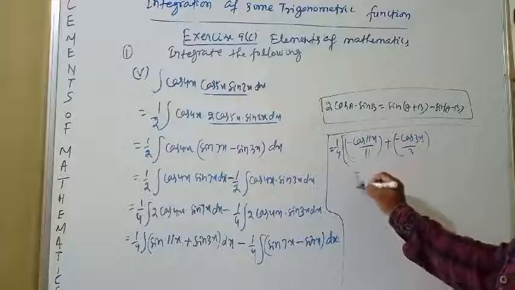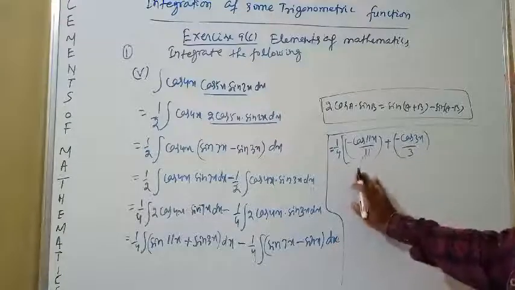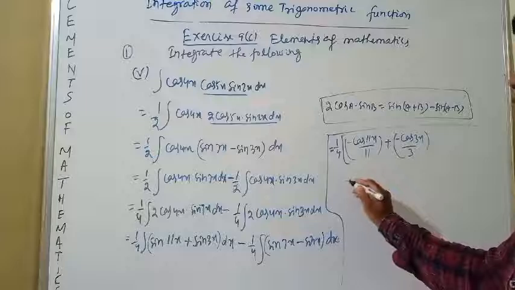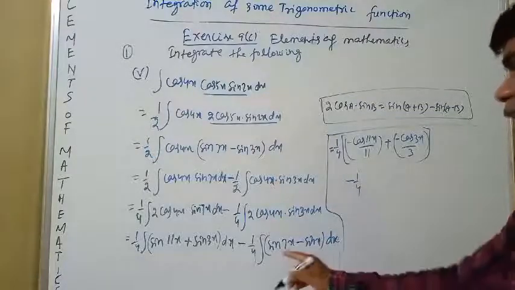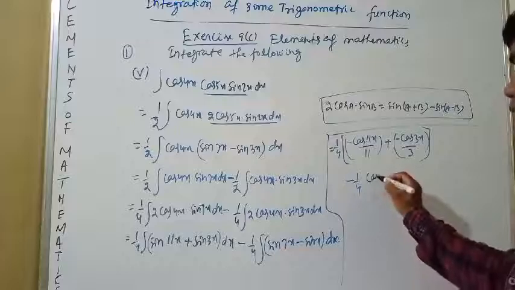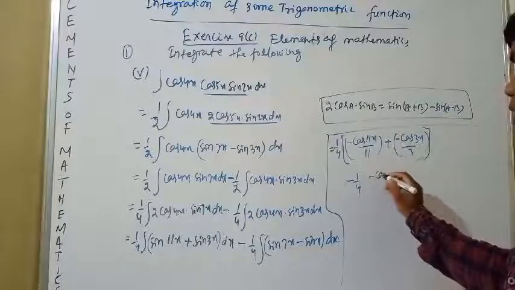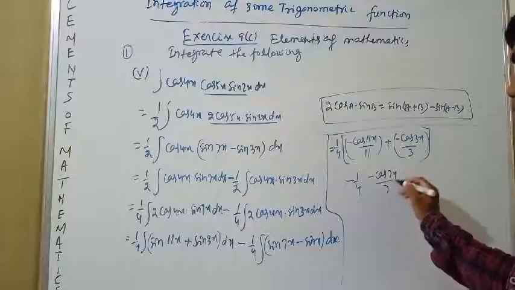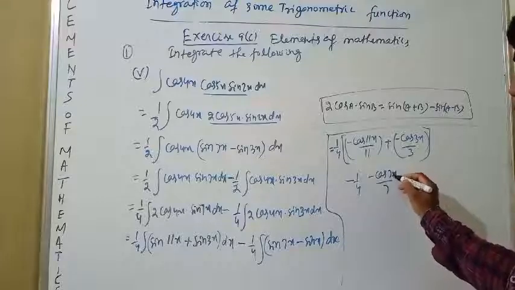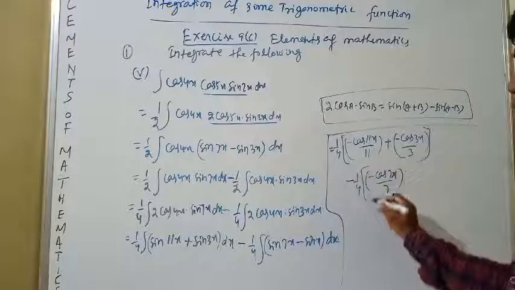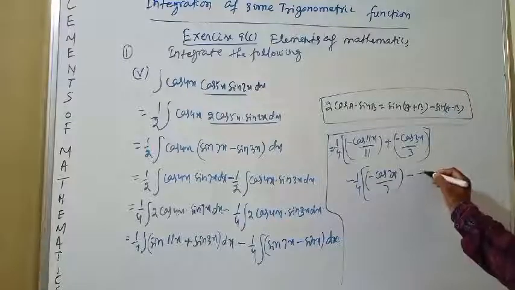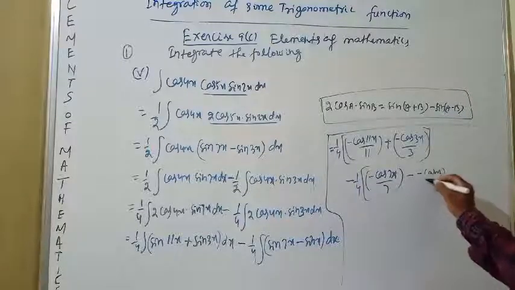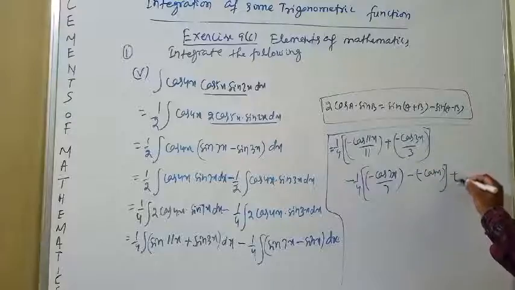Minus, given minus, 1 by 4 integration of sin 7x, minus cos 7x by 7, minus integration of sin x, minus cos x, plus c.